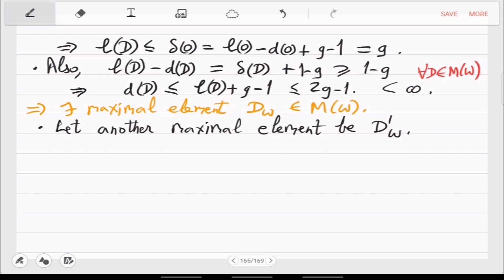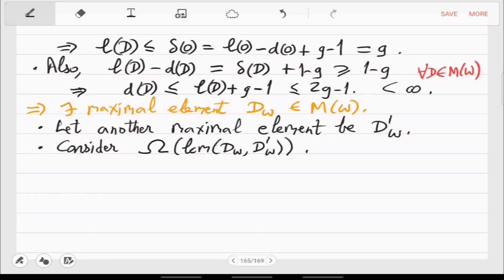We should try to get a bigger element than these two. So for that you take the LCM. If D omega and D prime omega are different, then there will be some point at which the order of one is bigger. So the LCM will strictly grow, right?